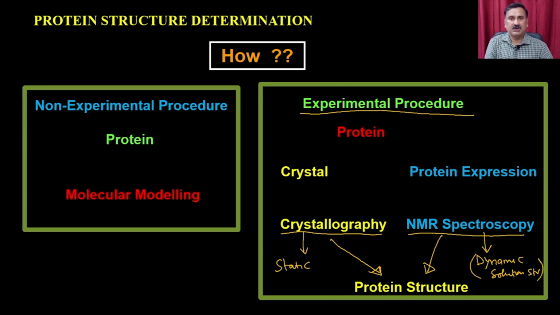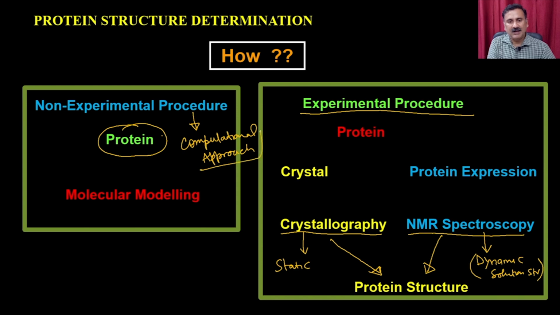Now in today's lecture we are going to discuss the non-experimental method. When you have a protein for which you would like to determine the protein structure, you have two options: experimental procedures or the non-experimental procedure. When we say non-experimental procedure, we are talking about the computational approach that you can use to determine a protein structure.